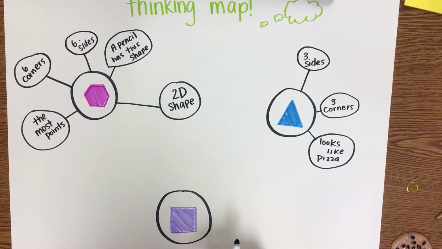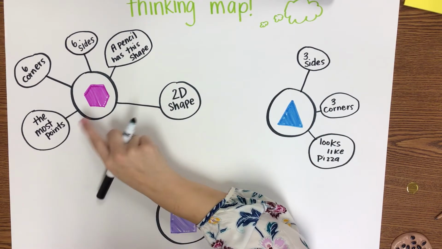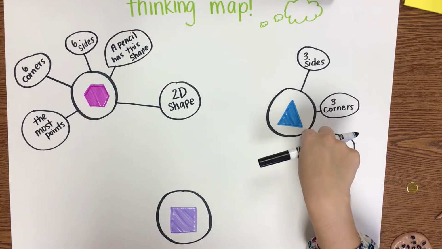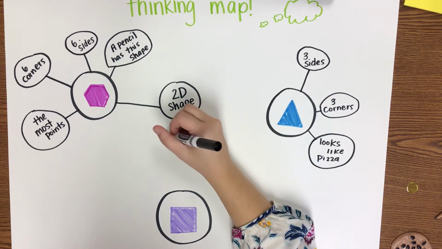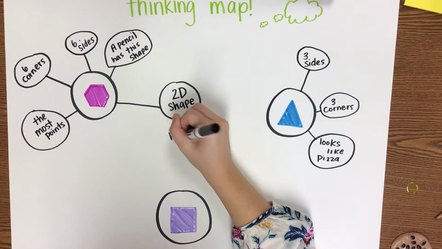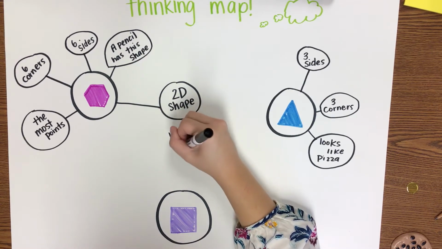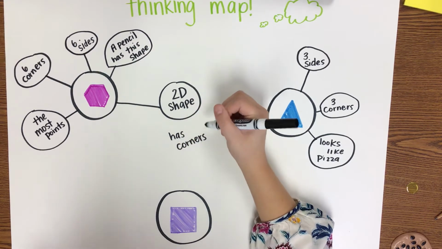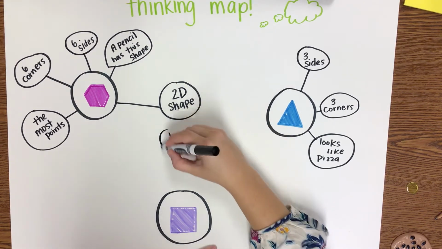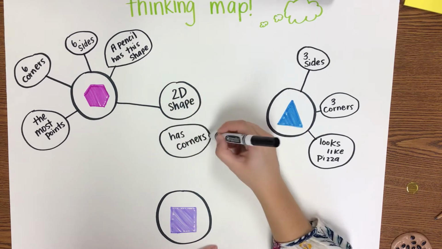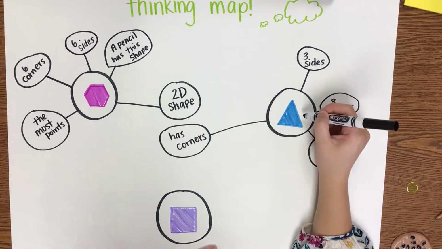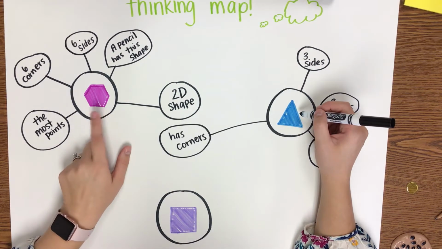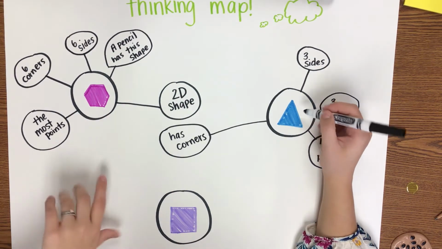Now, just like this one, we said it had points or the corners. So we could write has corners. And if we put that here, we can connect it to the triangle because the triangle has corners, but doesn't our hexagon have corners too?